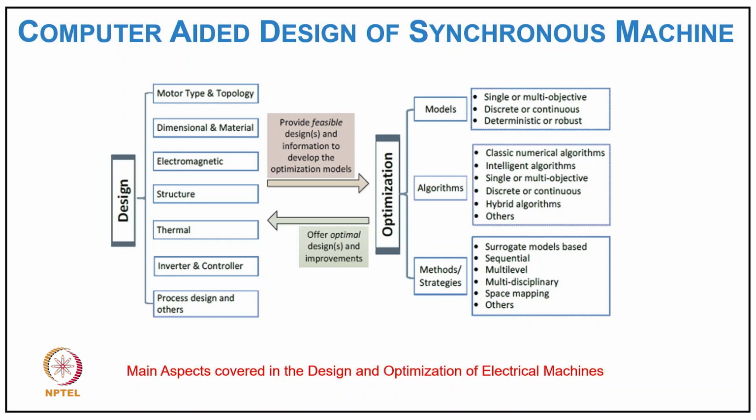The optimization starts with models like single or multi-objective, discrete or continuous, and deterministic or robust. Then the algorithms we use are classical numerical algorithms, intelligent algorithms, hybrid algorithms or others. Similarly, the method strategies we adopt are surrogate-model based or sequential, multi-level, multidisciplinary, space mapping and others. So this is typically the procedure for getting a design optimization of an electrical machine.